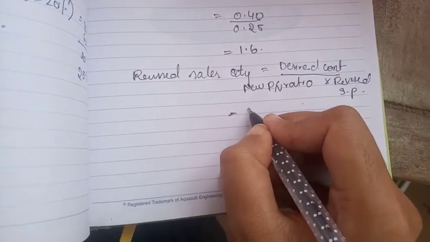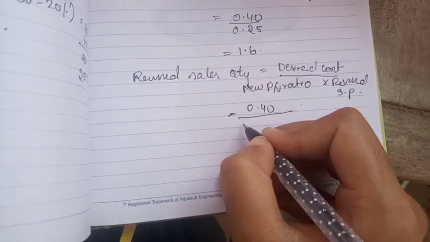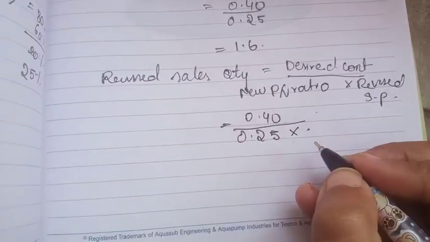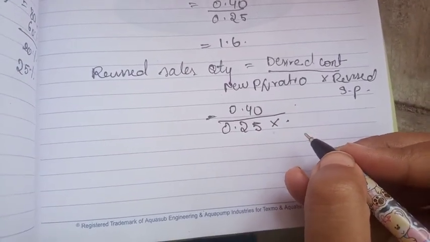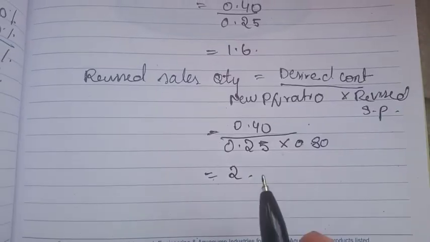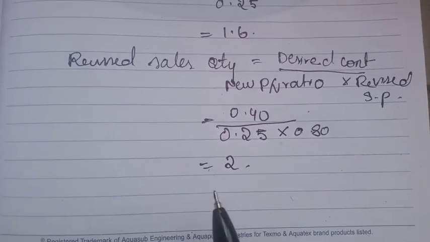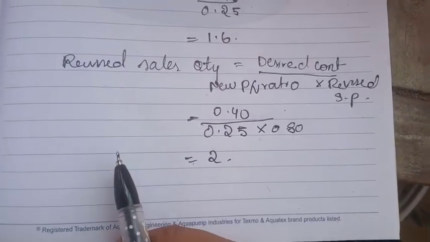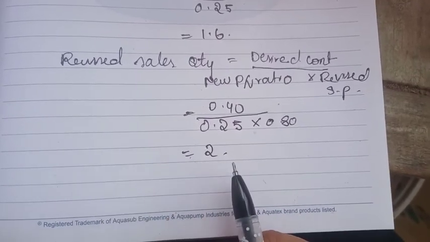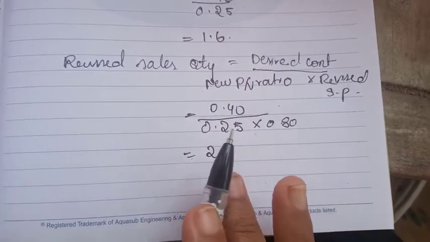Desired contribution will be 40% and the new PV ratio will be 25% into revised sales, which was 100%, if it is reduced by 20%, then it will be 80%. The revised sales quantity is 2. What it indicates is if there is a reduction in the selling price per unit by 20%, the sales quantity must be doubled, twice the normal quantity to meet the normal contribution. Okay.